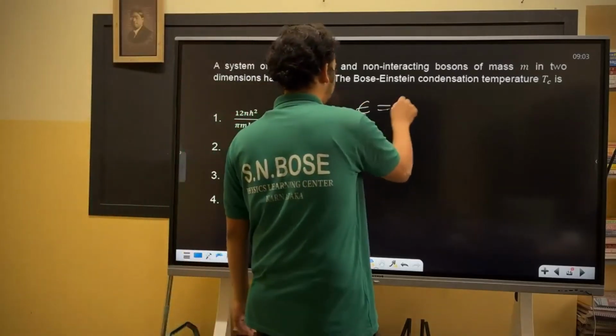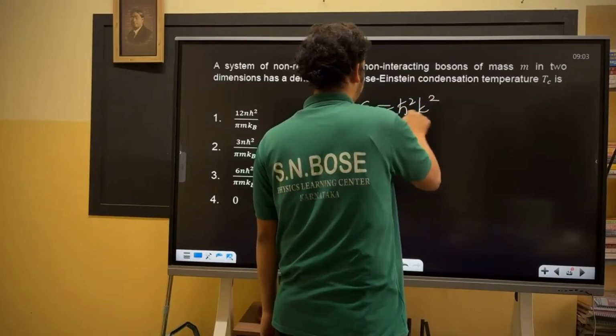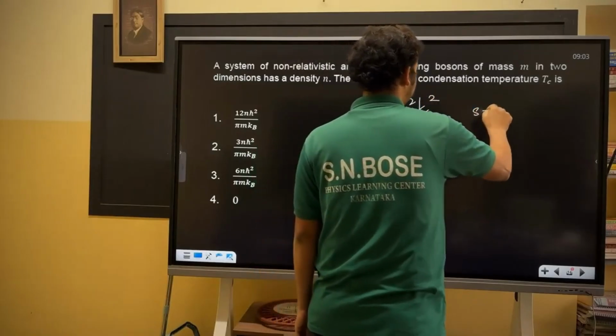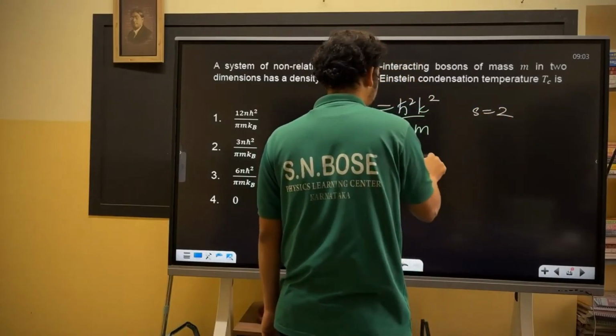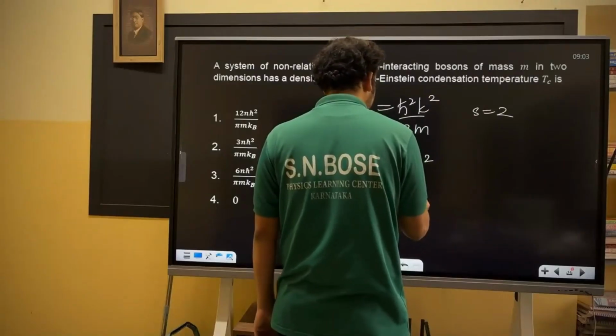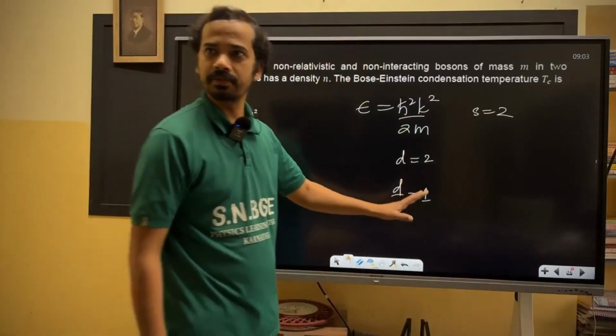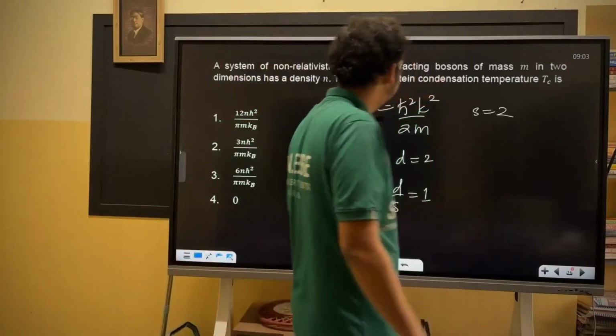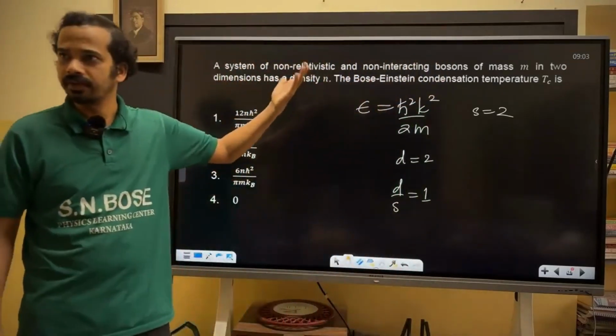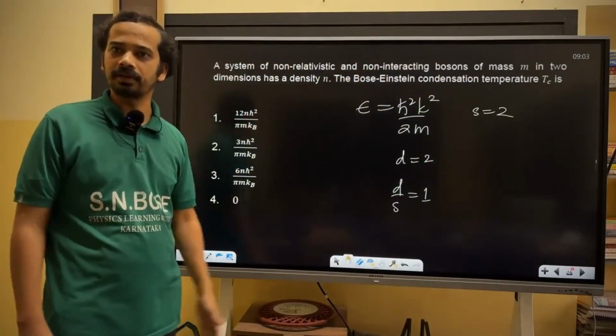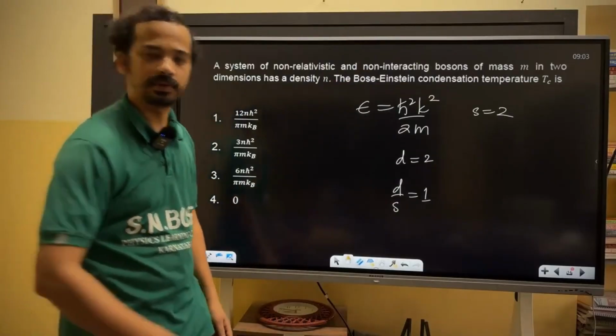So E is equal to h bar square k square by 2m. That's why S equal to 2, dimension equal to 2, D by S equal to 1. BEC will not happen. And if you think it is happening, it can happen at 0 Kelvin, like all particles go to the ground state.